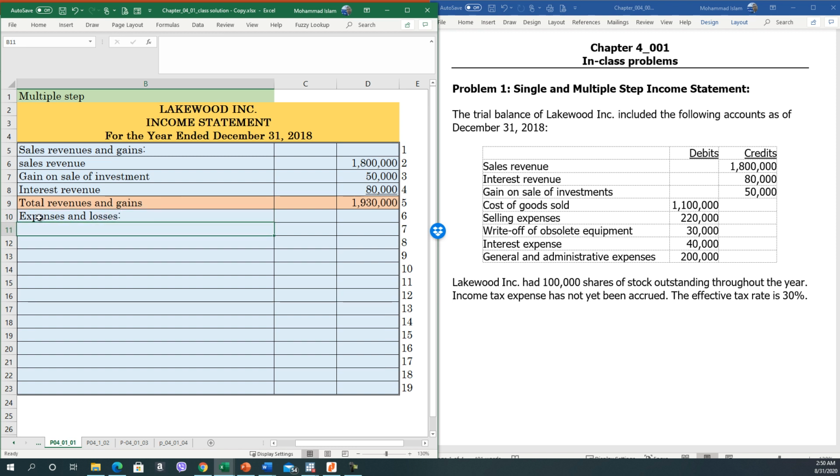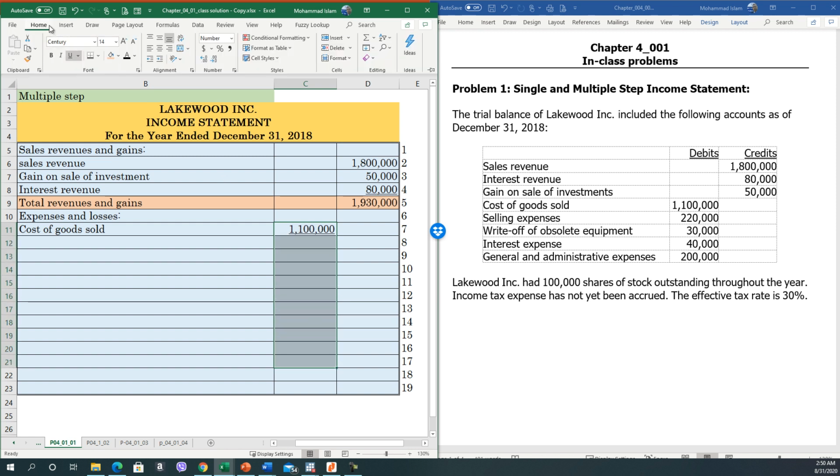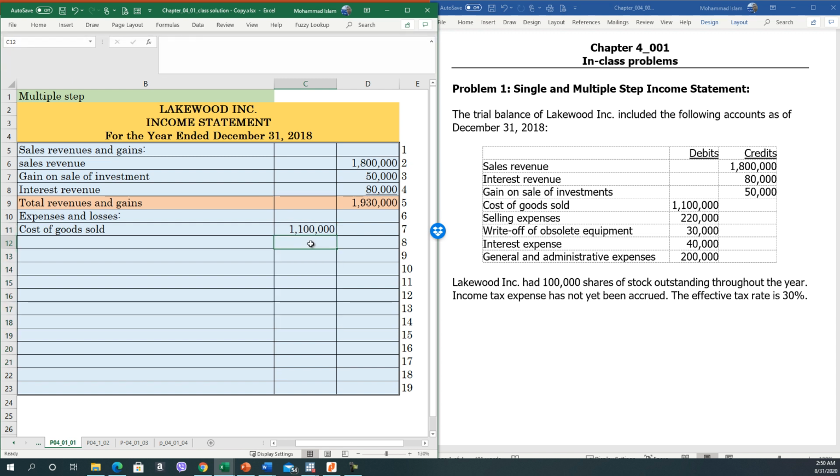The first expense is cost of goods sold, that is 1,100,000. Okay, so 1,100,000 cost of goods sold.